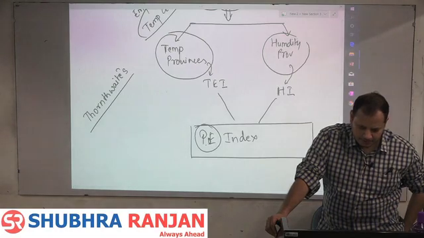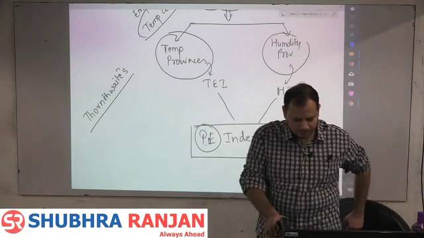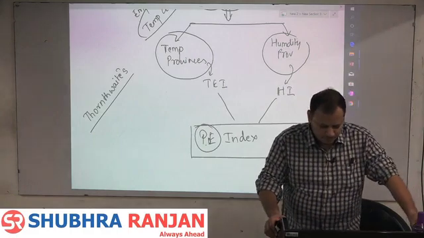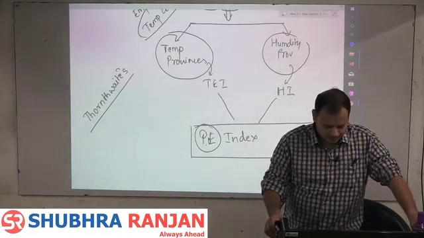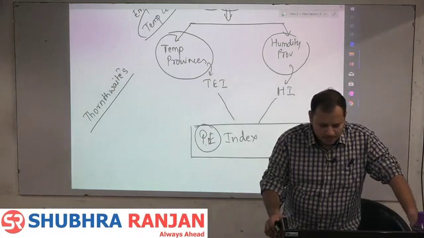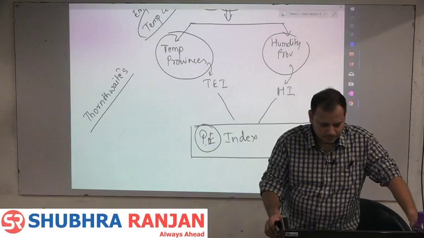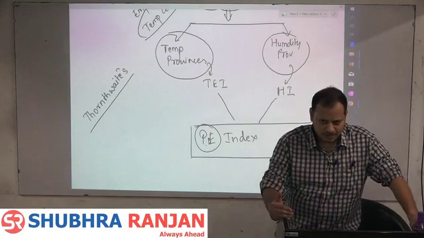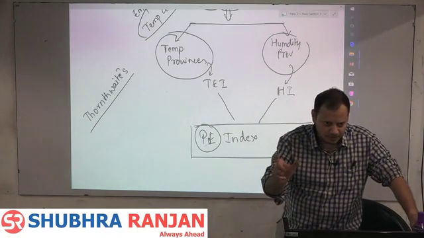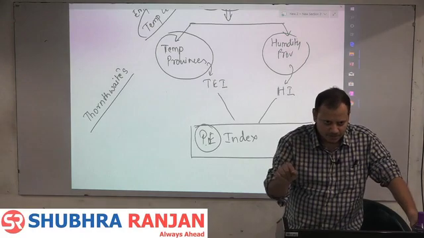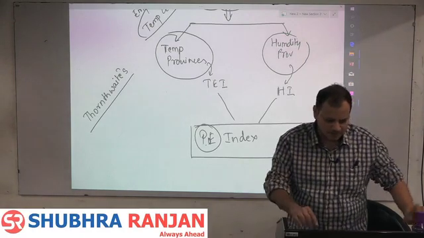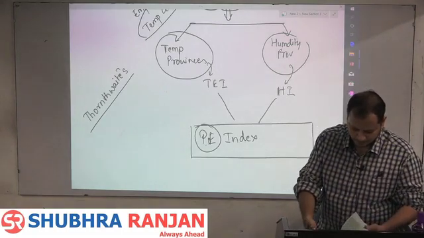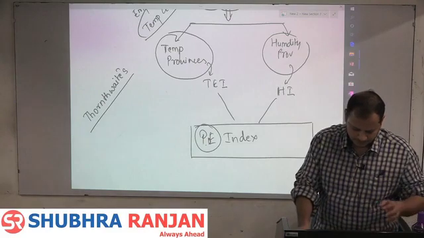Which attempts to define the climatic boundaries quantitatively. Meaning up to here is this boundary, up to there is that boundary, not qualitatively, quantitatively, as per latitudes, based on plant associations.